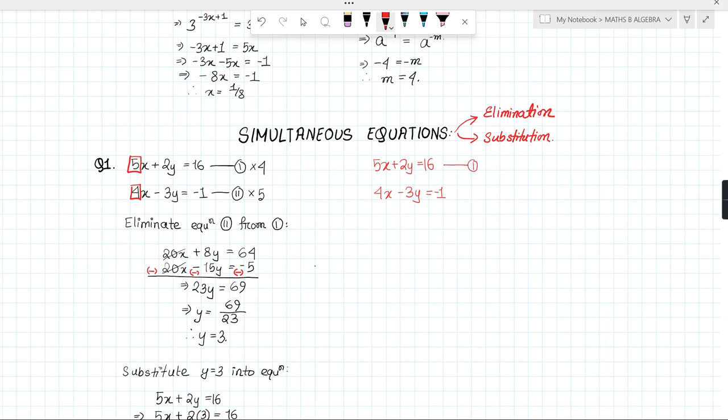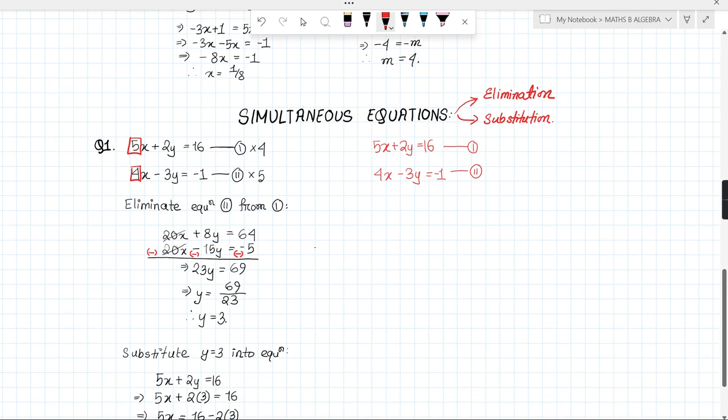So I'm going to again label the two equations as equation 1 and 2. For substitution, the different step that we do is that we make a third equation from either of the equations. So I'm going to make a third equation from equation 1.